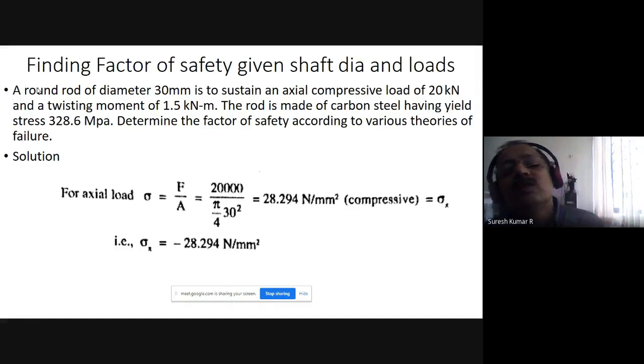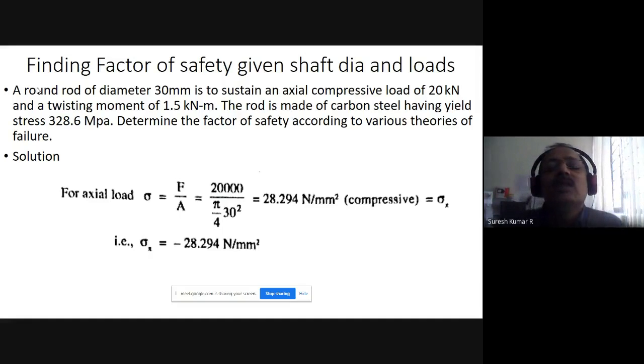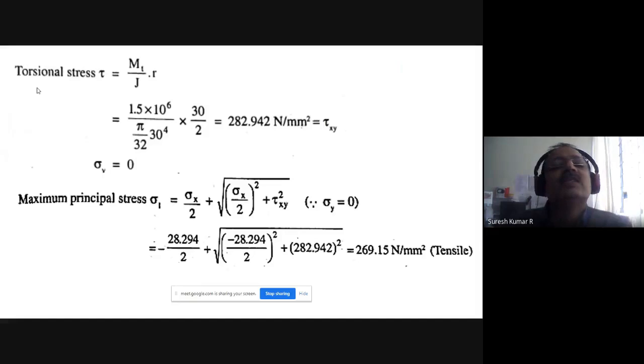And we know axial load is load by area, so I get sigma x. Then the torsional shear stress gives tau xy, and sigma y is 0. In this case, it is easy to find sigma 1 and sigma 2 because sigma 1 is (sigma x plus sigma y) by 2 plus root of ((sigma x minus sigma y) by 2) whole square plus tau xy square.